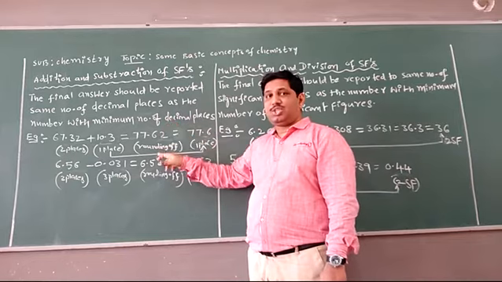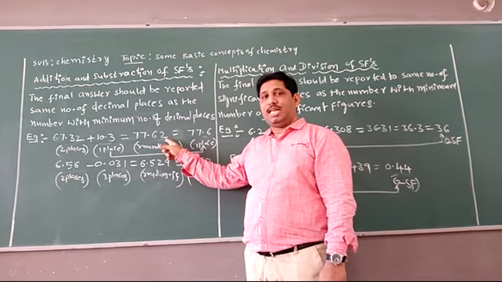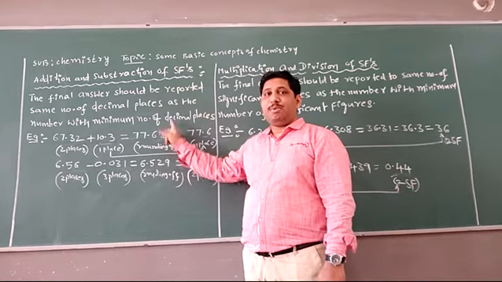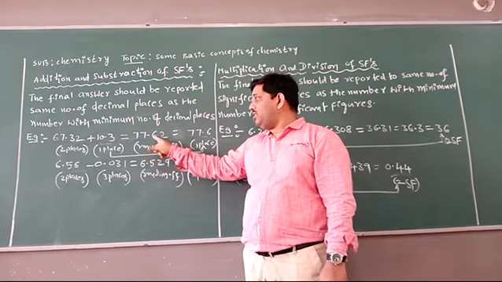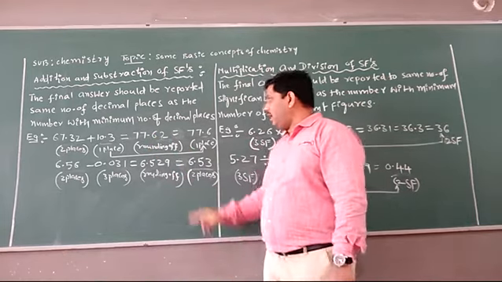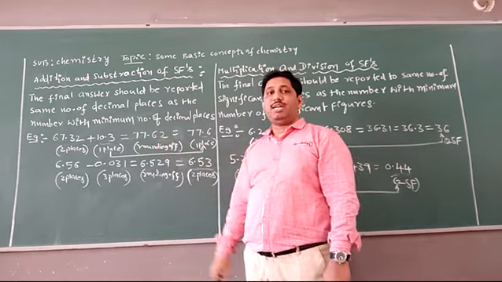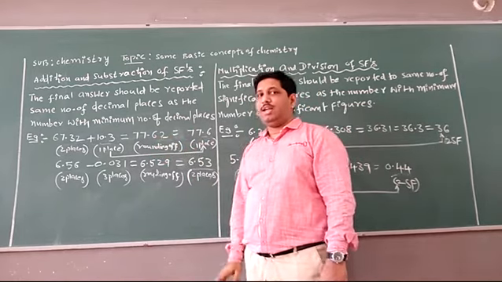Hence, the last digit 2 has to be dropped. Since it is less than 5, the preceding number 6 is retained and does not undergo any change. Hence, 77.6 is the rounded answer. Why?